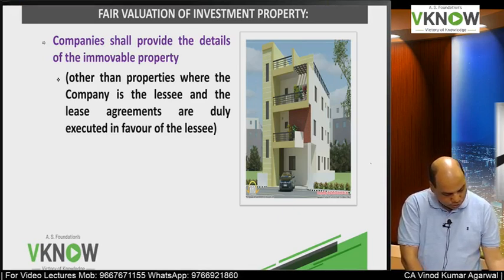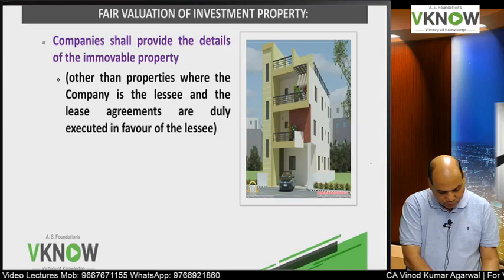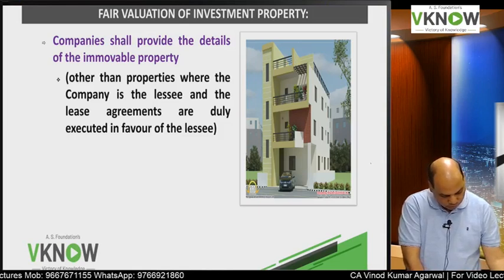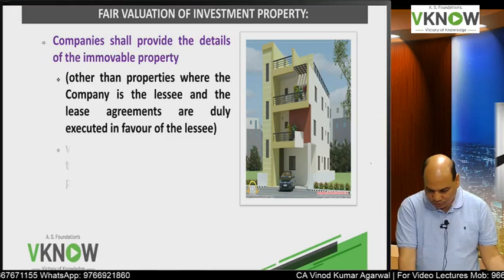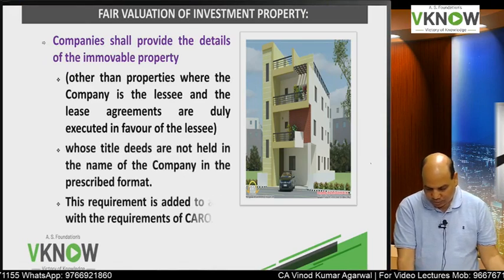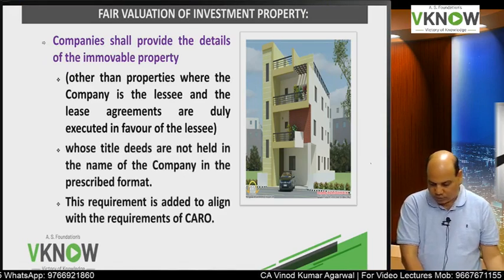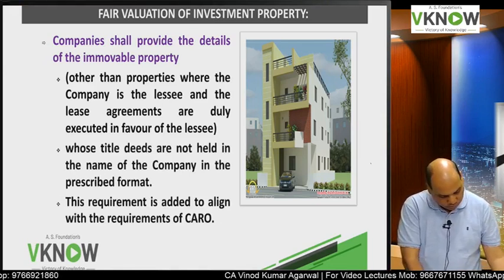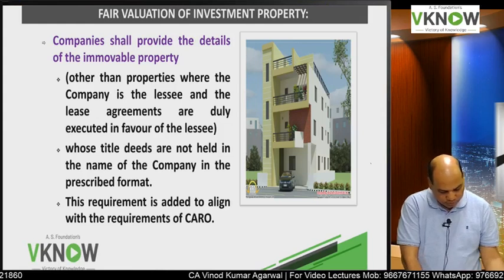I will come to the original text given at the end. Later on you can please check. This requirement is added to align with the requirement of CARO. Where is the original text? You will find it there.